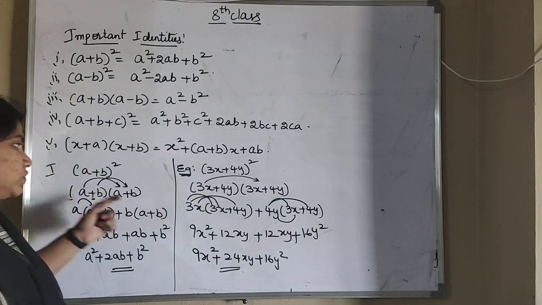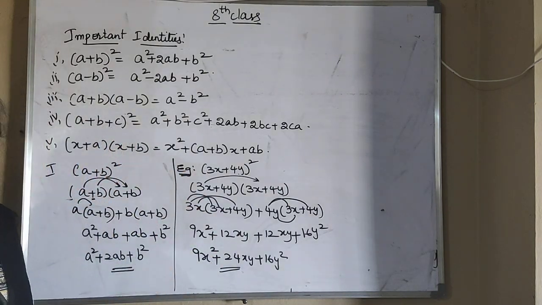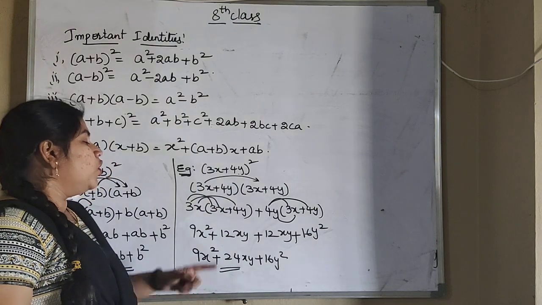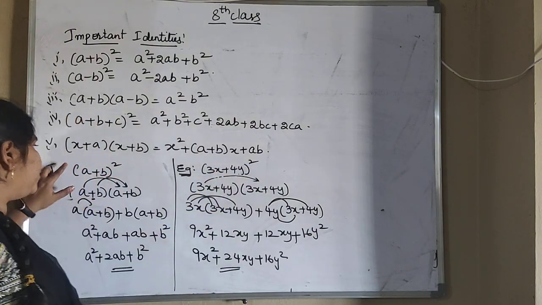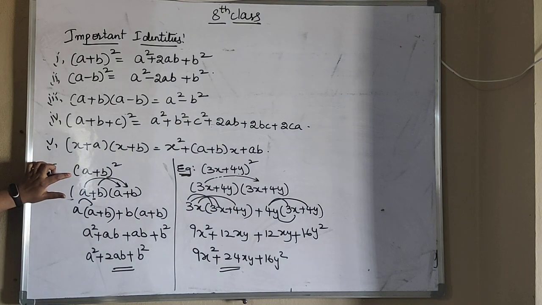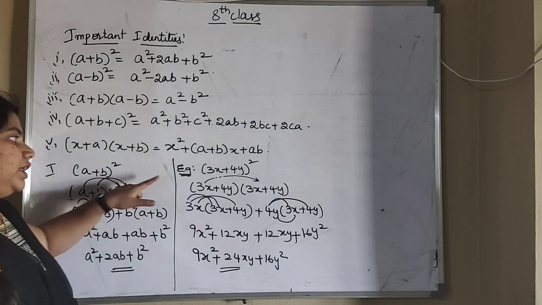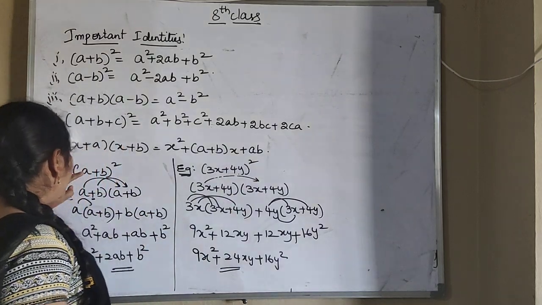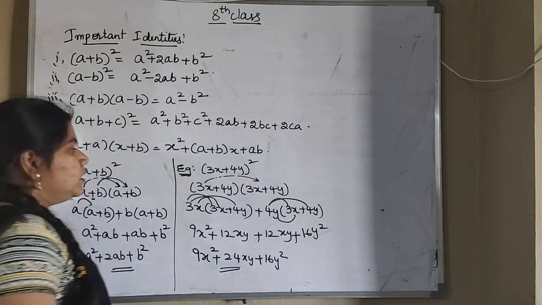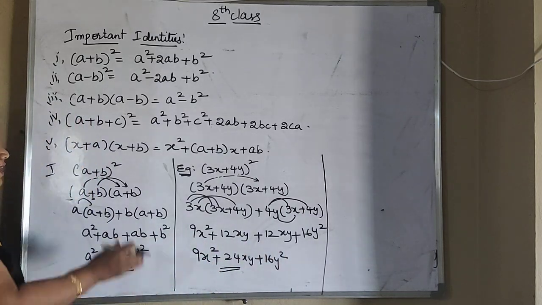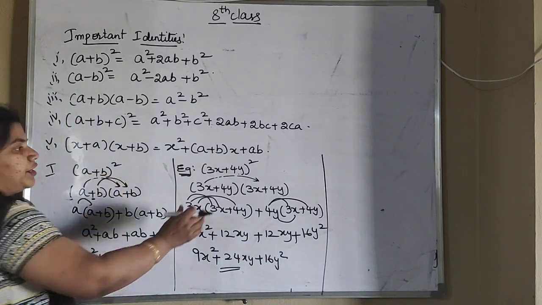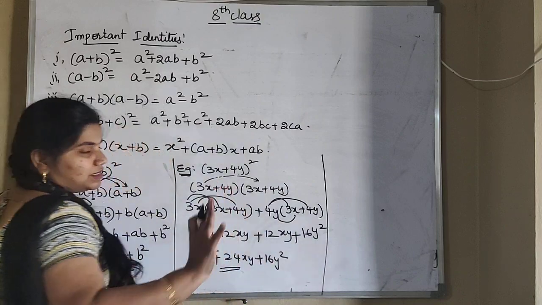Now what are like terms to add? That is 9x square plus 12 plus 12 will be 24xy plus 16y square. So you got this answer. Instead of doing this whole method, already we know that this (3x plus 4y) whole square is in the form of (a plus b) whole square. So now I am applying the formula. I am not doing this whole multiplication. I am just applying the identity for this. You will get the same answer again.